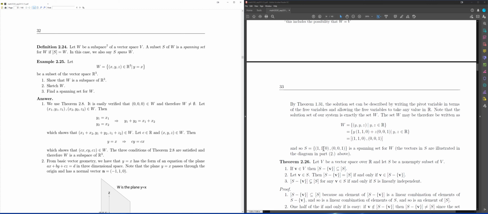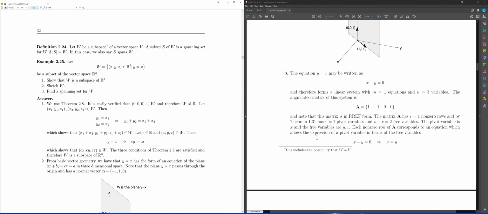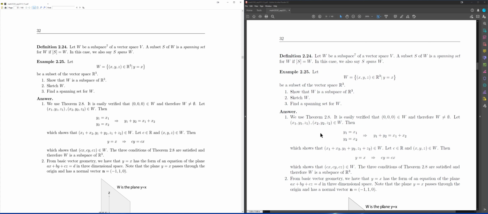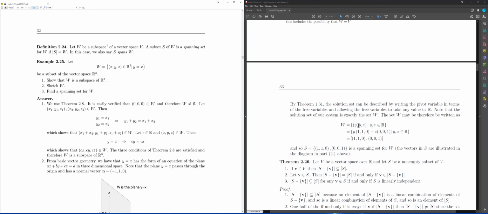So the 1, 1, 0 and the 0, 1, 0 are a spanning set for W. This is how you would systematically get a spanning set: for your subspace you form a system of equations, get the solution set, and by factoring appropriately you figure out the vectors, which form your spanning set.